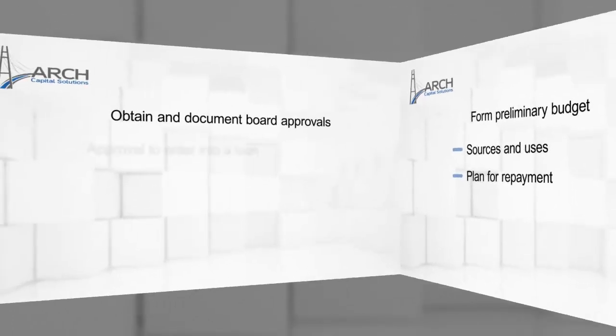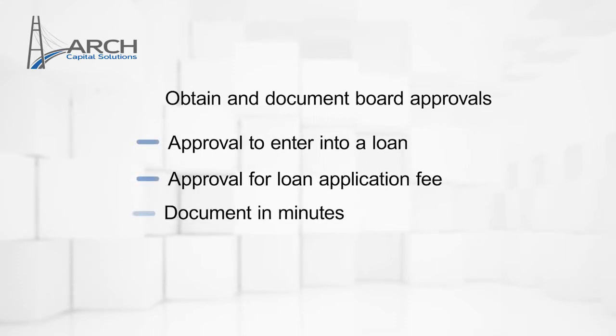Once everything is in place and the board knows they're going to borrow, they seem to have pretty good consensus from the community, the board also needs to obtain and document approvals. So before actually applying for a loan, it's smart to know, does the board actually have the authority, the legal authority to enter into a loan?